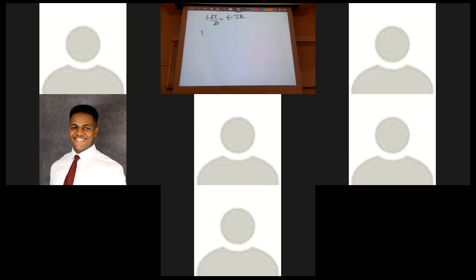So that means that the power stored is going to be equal to the current times E minus I times R. In this case, my current is simply half of the maximum. So it's going to be equal to 1/2 I max times E minus 1/2 I max times the resistance.